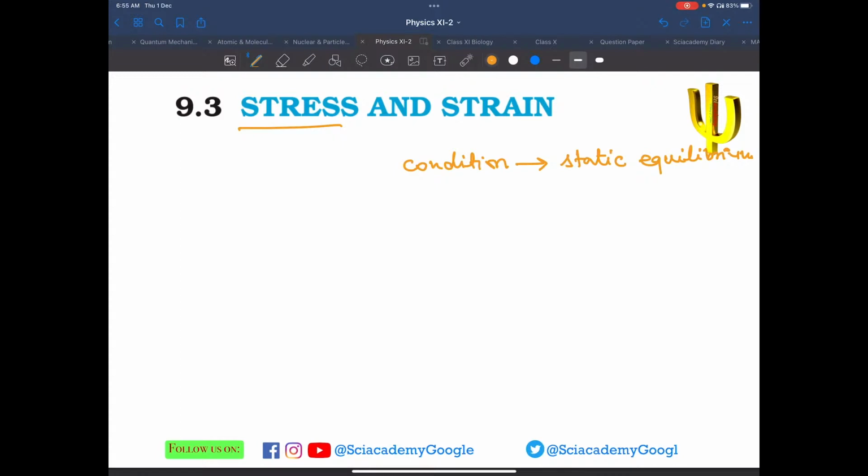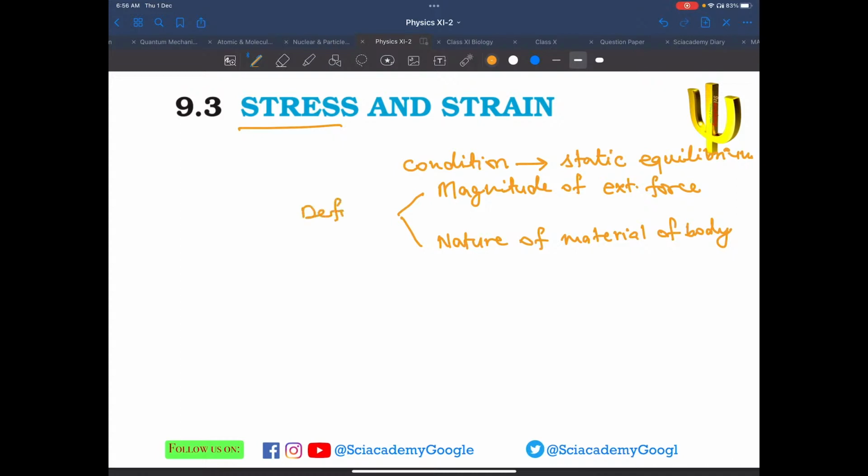So deformation depends upon two things: the magnitude of the external force applied and the nature of the material of the body.